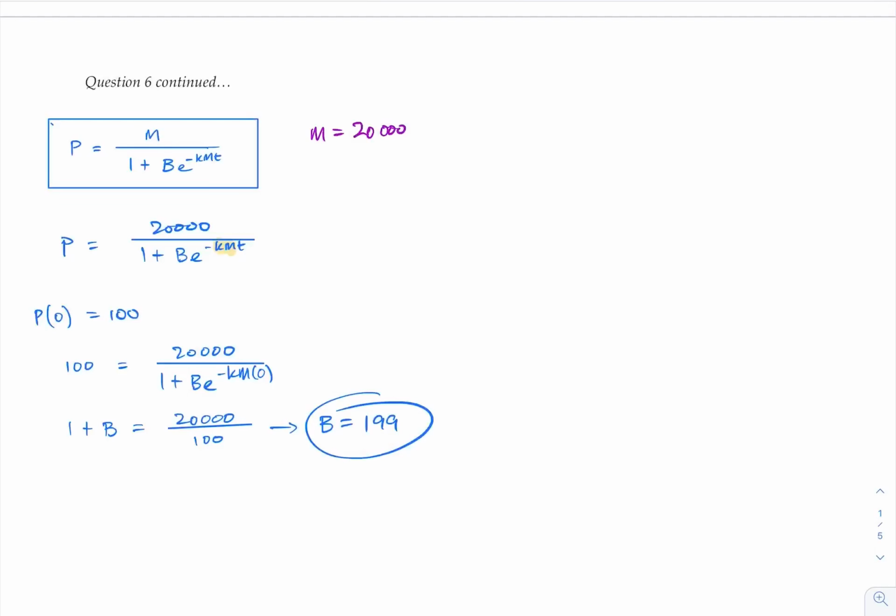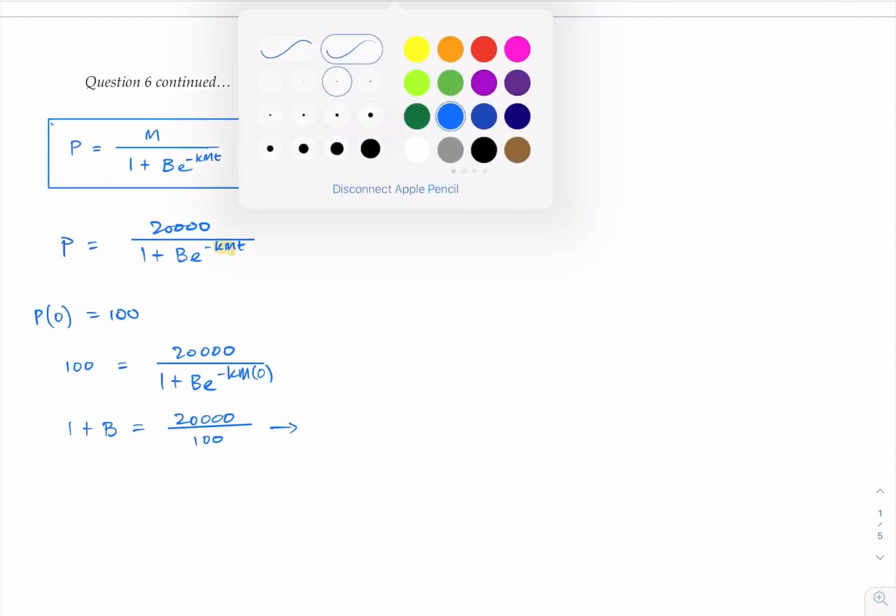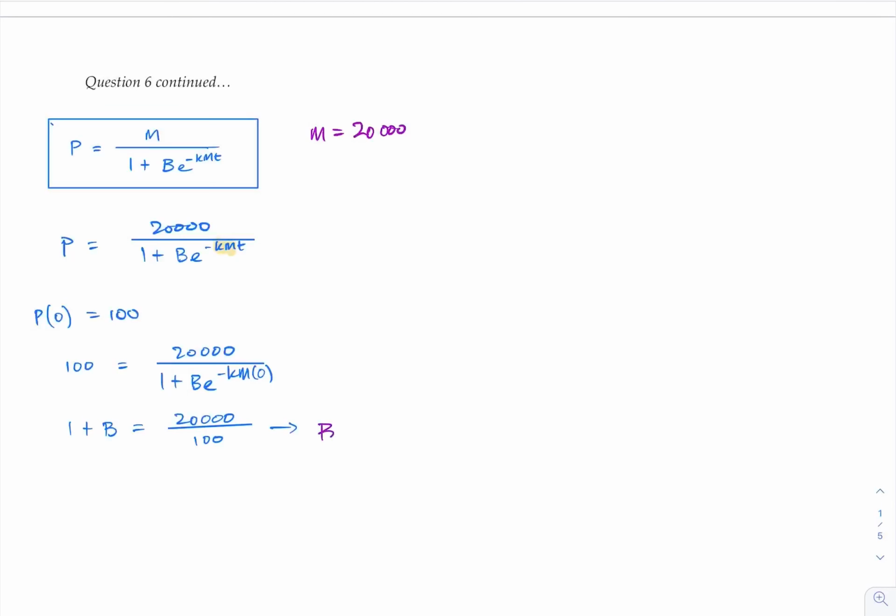Okay, so I'm going to write that in purple. And now we have P of 50 is 10,000. That's the present day. And we're going to find k now.